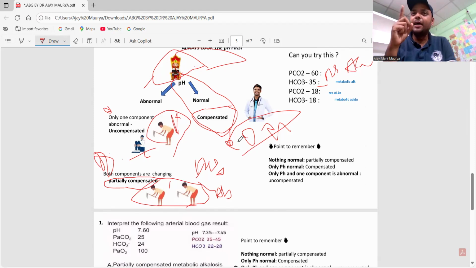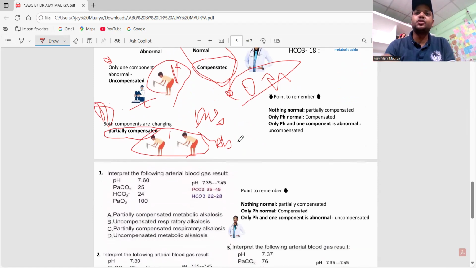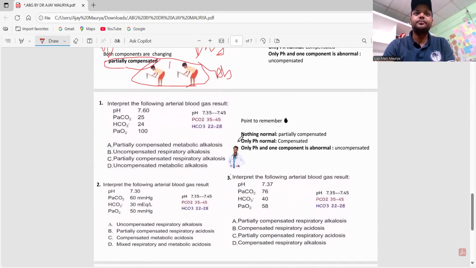Okay, now let's do an exercise here. Interpret the following arterial blood gas. First of all, you have to check the pH. Always remember you have to check the pH. Given here the pH is 7.60.